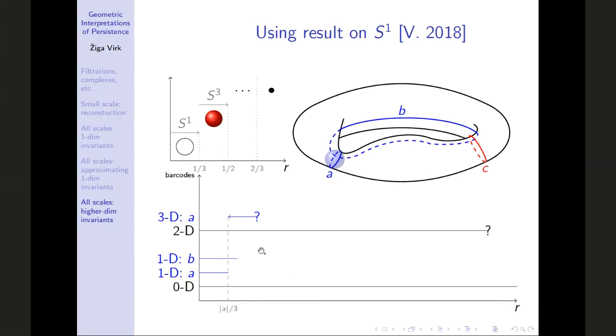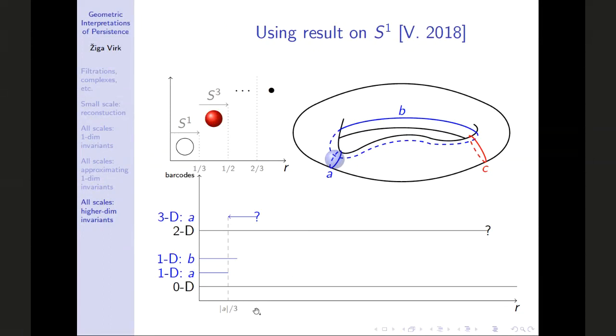But what will actually happen is that the Rips complex generated just by this circle, using this result, will become homotopy equivalent to the 3-sphere. So we could imagine a 3-sphere popping up here, and one would expect a 3-dimensional bar appearing here. This is suggesting a hop type effect: you may have a 3-dimensional bar in persistent homology, but that may be a result of a lower dimensional geometric feature somewhere.